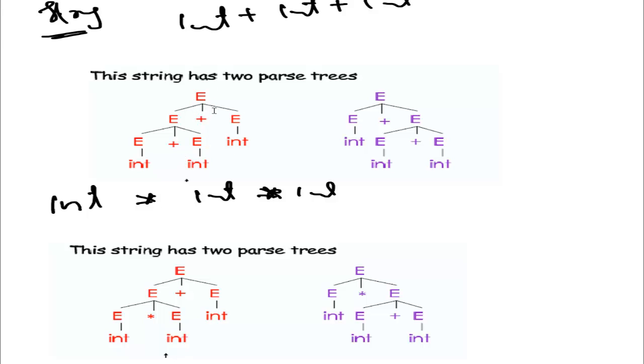That means if I want to evaluate this E plus E, before I can evaluate it, I have to first evaluate this E. We go on evaluating these two, get the answer from them, and then we can add it with this side, right?